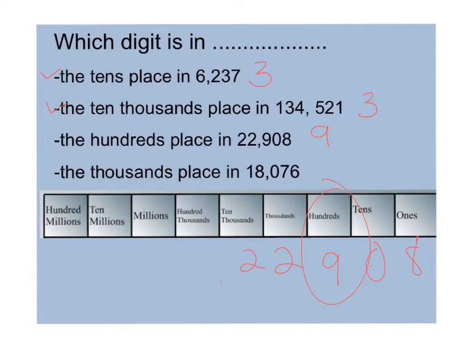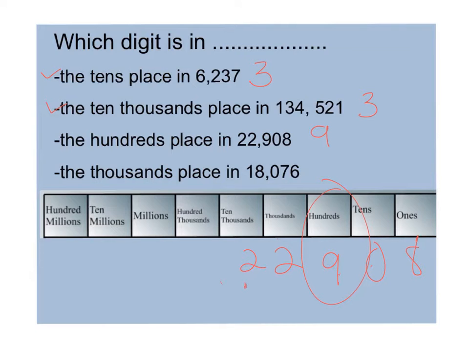And then the last one, it says, whoops, I didn't choose the right button there. It says, what number is in the thousands place? Let's use our place value chart. I'm really having a hard time here.